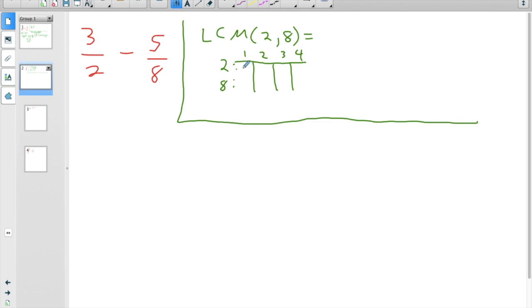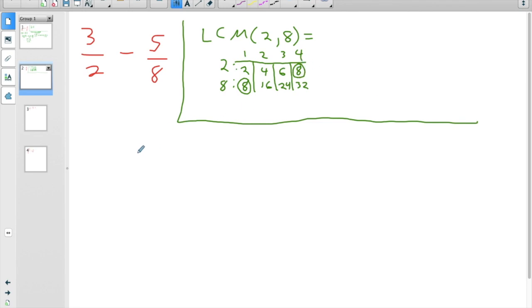So 2 times 1 is 2. 8 times 1 is 8. And then I keep going out. So 4, 16, 6, 24, and 8, 32. Now, I'm going to stop here because we now have our least common multiple, which is 8.